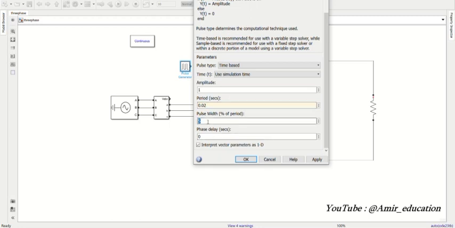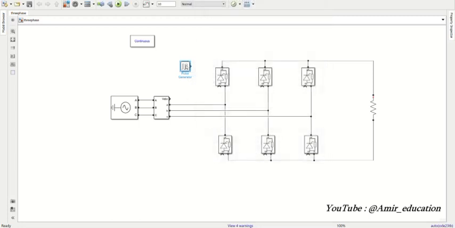And I set the pulse width to 3.33. In my experience, it shows the best plots with this pulse width. And I will set the phase delay at the end of this.